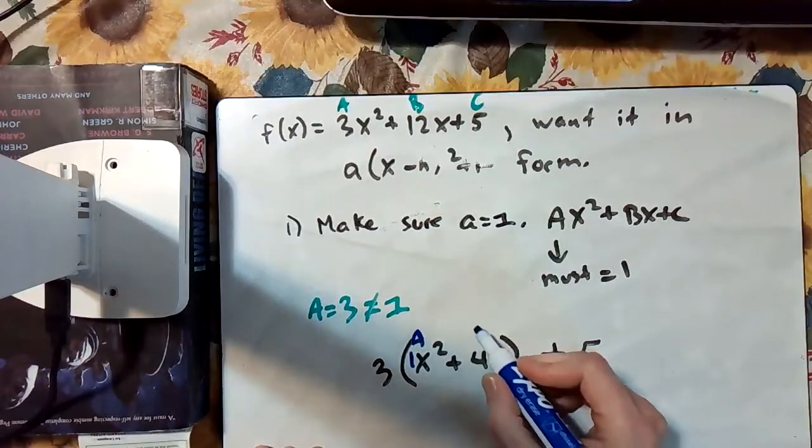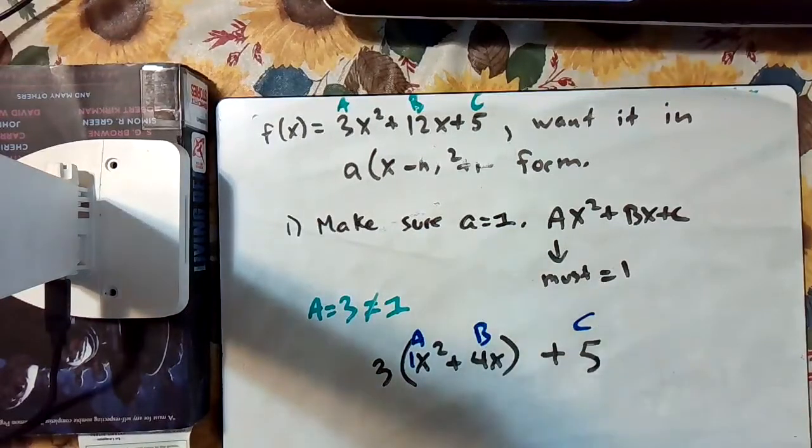a is equal to 1, right? And I have the b and the c right here. The next step that you're going to do at this instance is you are going to complete the square. Okay? That's the second step.